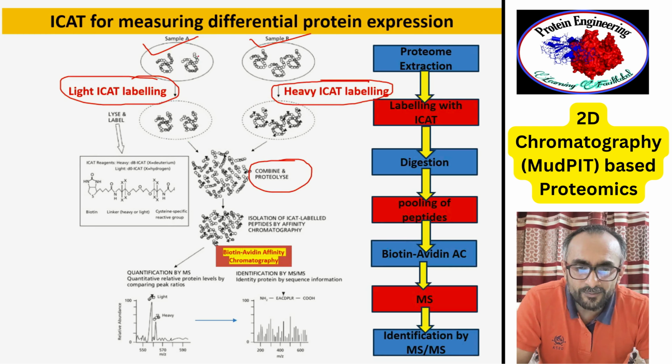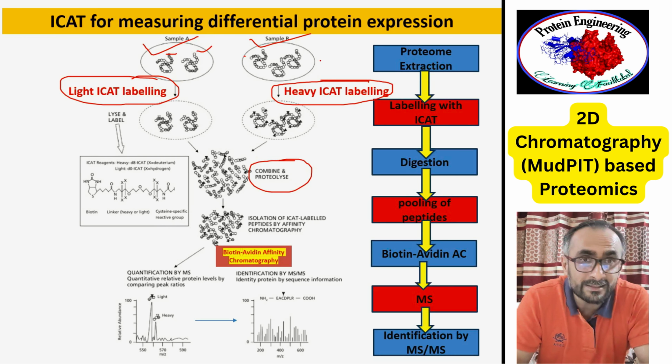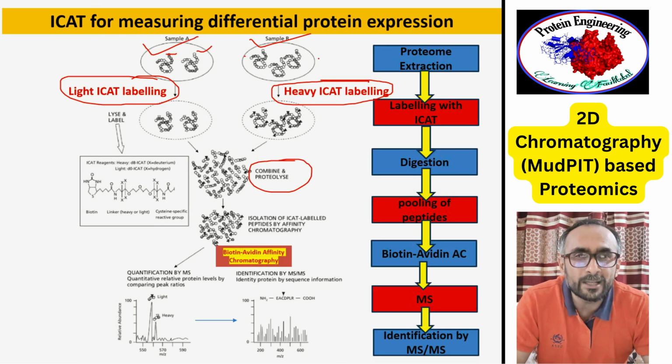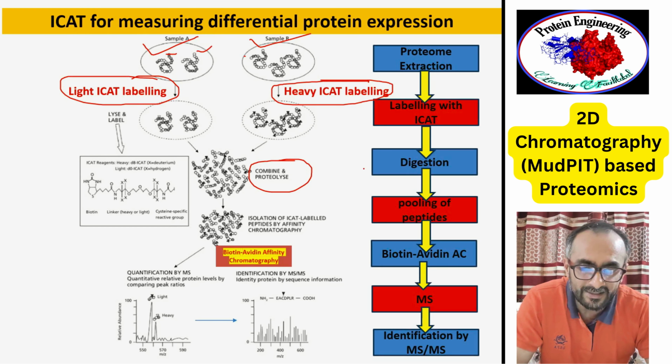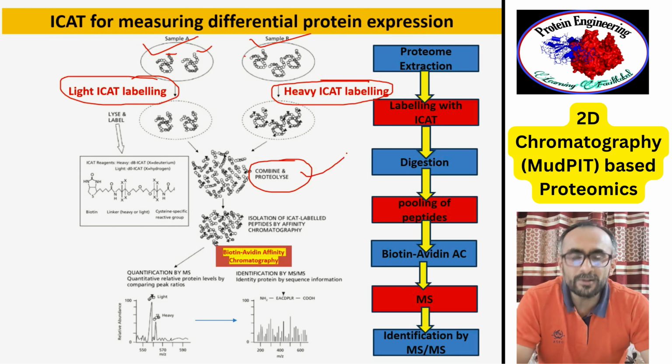In the representation here, only 2 or 3 proteins are shown, but actually there are tens of thousands of proteins in the proteome. So there are many proteins, almost more than 10,000 in each sample, which after labeling independently with heavy and light ICAT, you combine together, you mix them together, and then you do proteolysis, using enzymes that are highly specific, like trypsin.